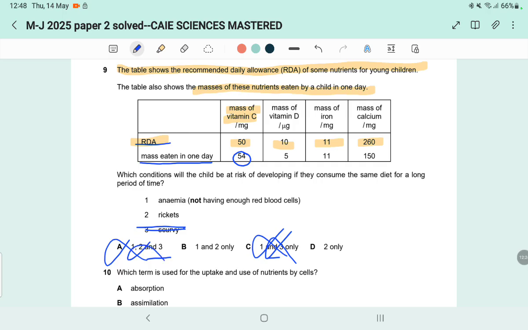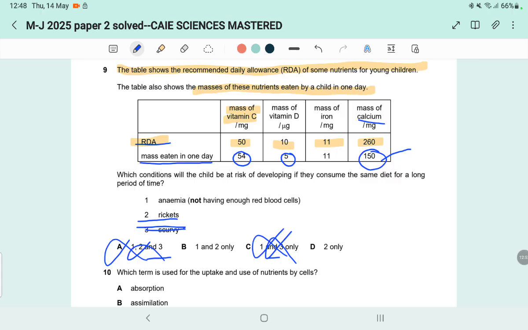Mass of vitamin D, well, it is 5, lower than 10, which is the minimum requirement that the child had to have. So it is lower, so that child will have what? Will have rickets, of course. Obviously, he will have rickets. Mass of calcium, well, here it's 150. We need calcium for bones, so it's also lower than the minimum requirement.